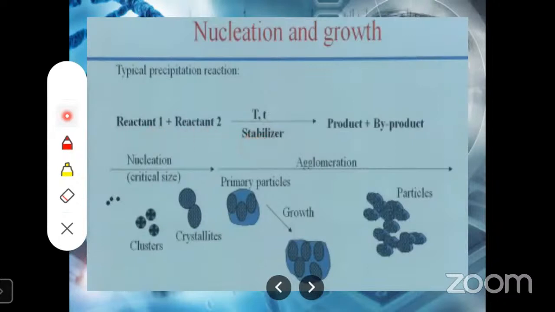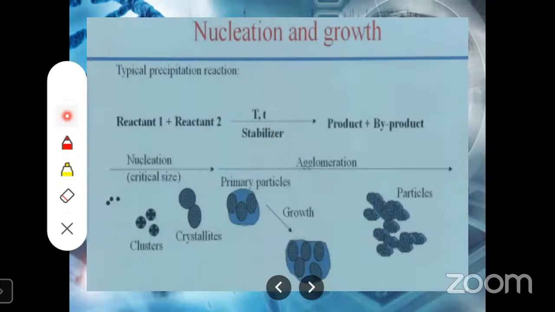These metal atoms combine to form clusters. These clusters combine to form primary particles, and this is the nucleation step, and this is the growth step of the primary process.